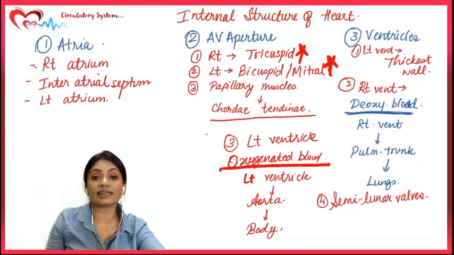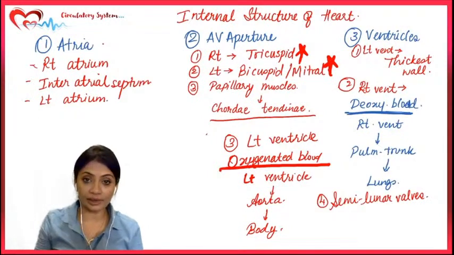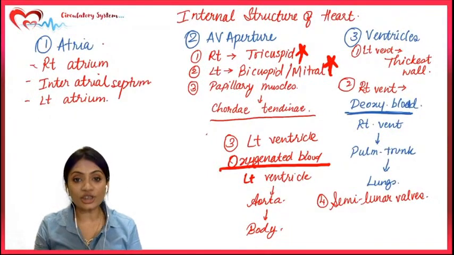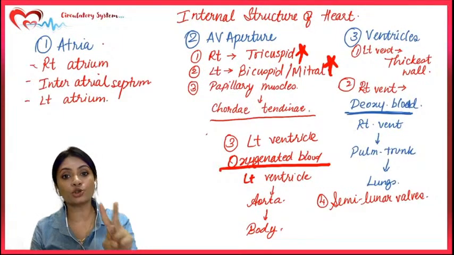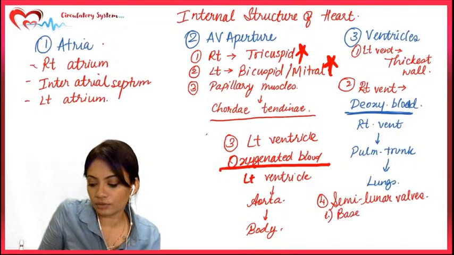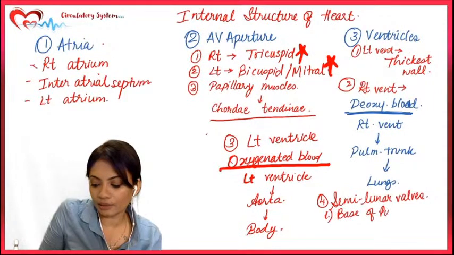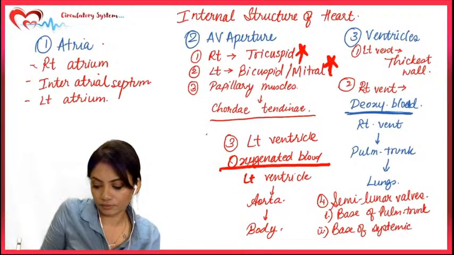There were two of them, and each of those semilunar valves had three cusps. One was at the base of the pulmonary trunk, and the second at the base of the systemic aorta.